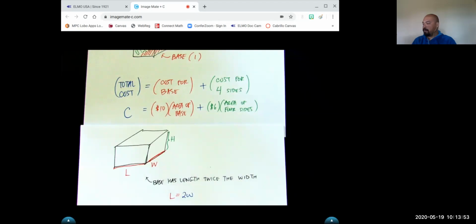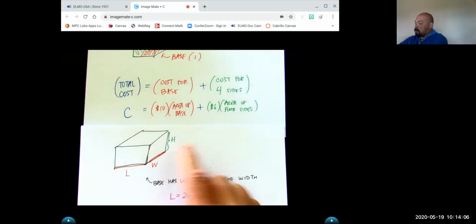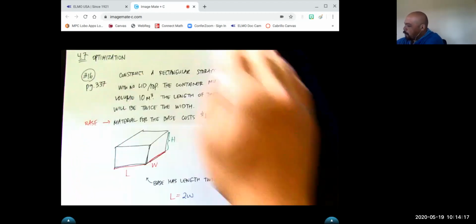All right. So we're starting to get that down. All right. But now, what else can I do? How can I get rid of this height? Okay. So if I'm trying to get all this information condensed down to one variable, in this case, W seems to be like the winning candidate so far. Let me cycle back up here.